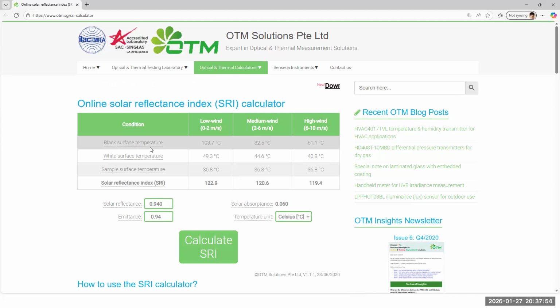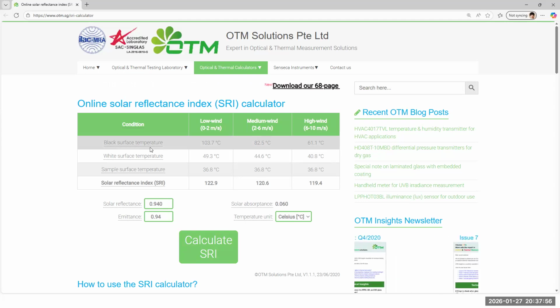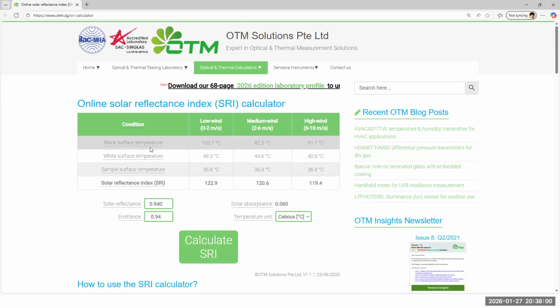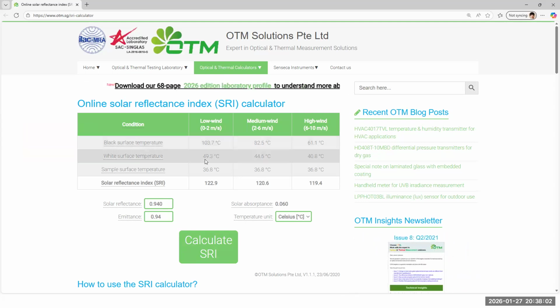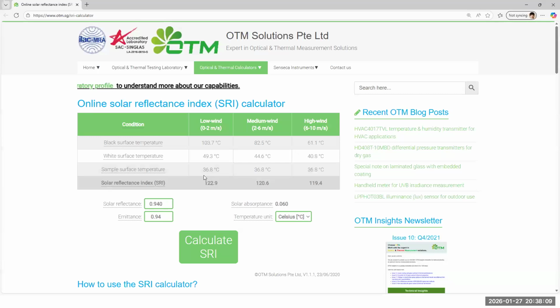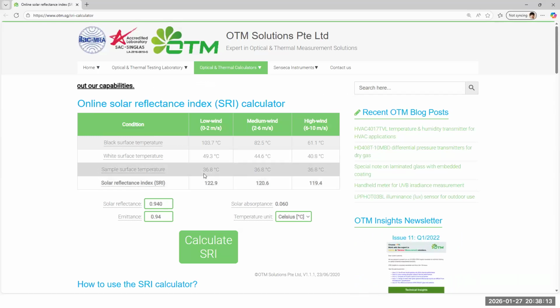The sample surface temperature is even much lower than the white surface temperature. So we can see the white surface temperature is 49.3 degrees Celsius, and the sample surface temperature is 36.8 degrees Celsius.